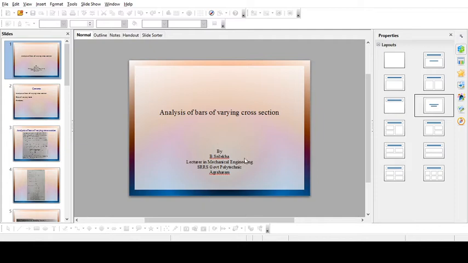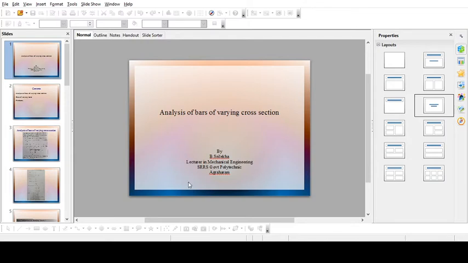So there are two sections in a given bar. Let us consider a bar which is subjected to a tensile load P, and this bar is turned down to a smaller section over a part of its length. Let its maximum diameter be D2, and let its smaller diameter be D1.